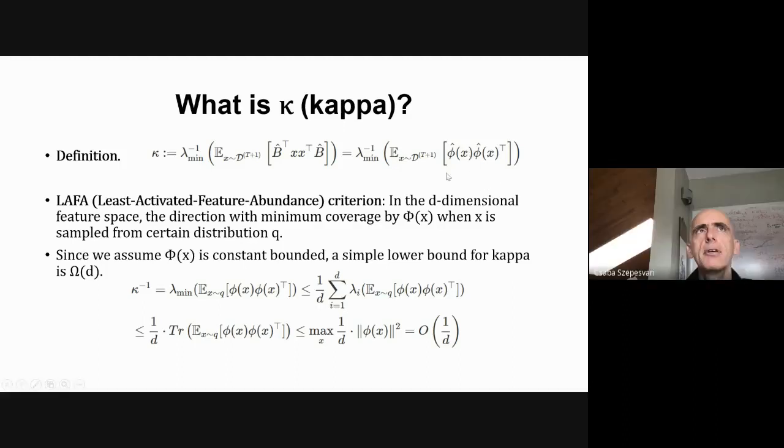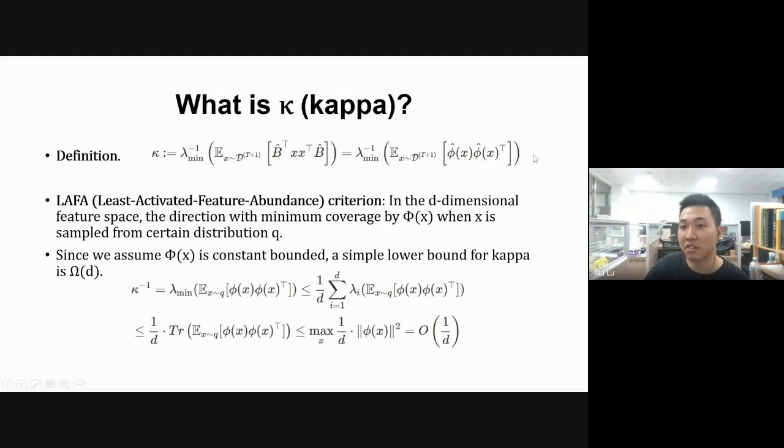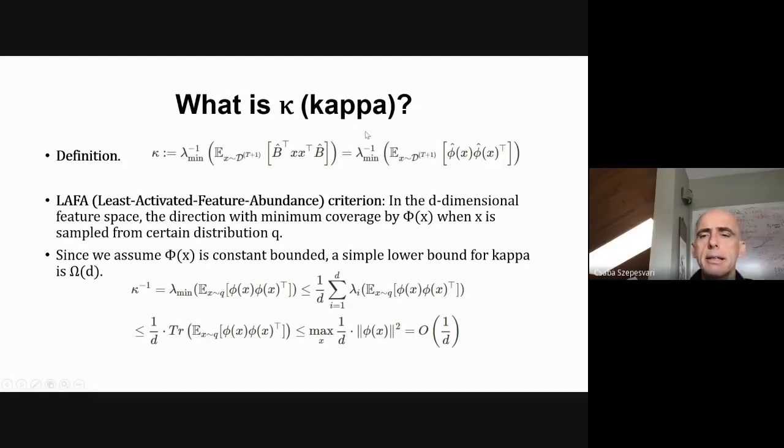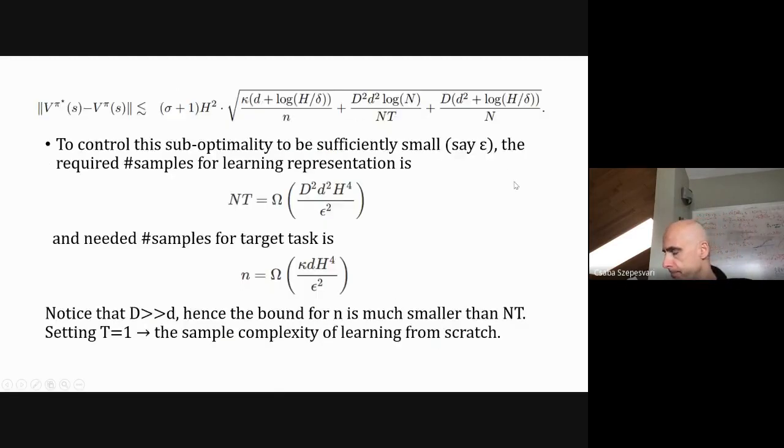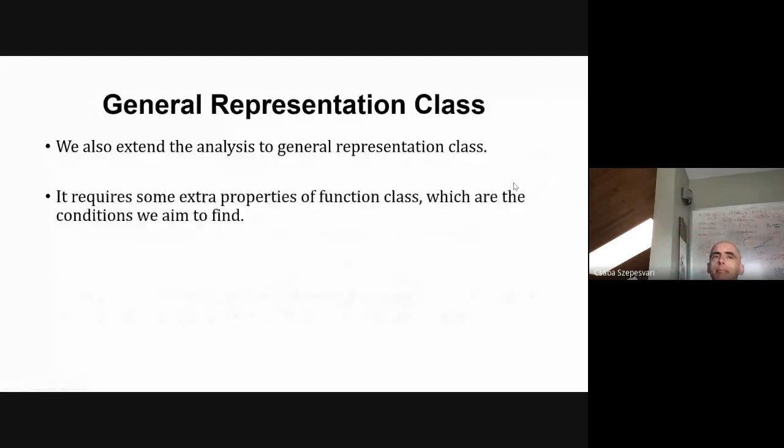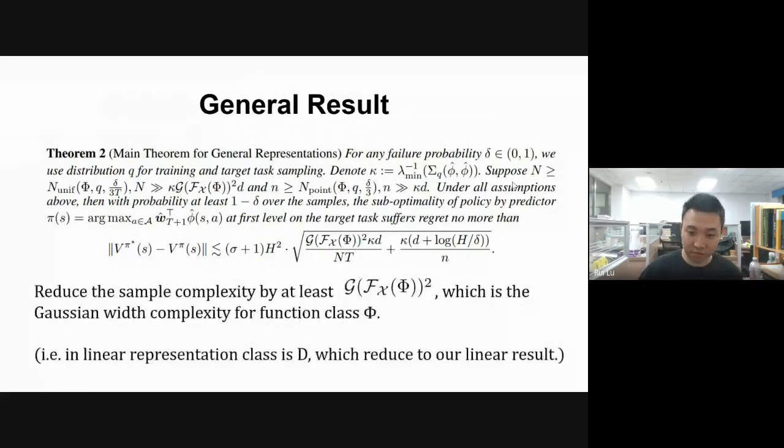Yes. And other than that, we are still in the linear MDP case. Okay. Yes, but the definition for kappa is still universal. Okay, this is universal. Yeah. Any more questions? Okay.